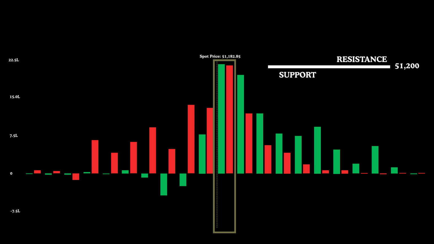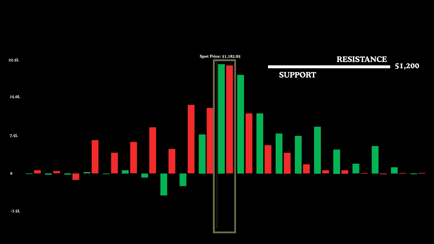When will it fall? At the moment, we can observe that 51,200 is a zone where additions are appearing in both calls and puts. Meaning, now support and resistance sit around the 51,200 mark. If the market dips under 51,200, then the support responds. Around 51,200, we won't allow the market to break down easily and will attempt to push price upward.